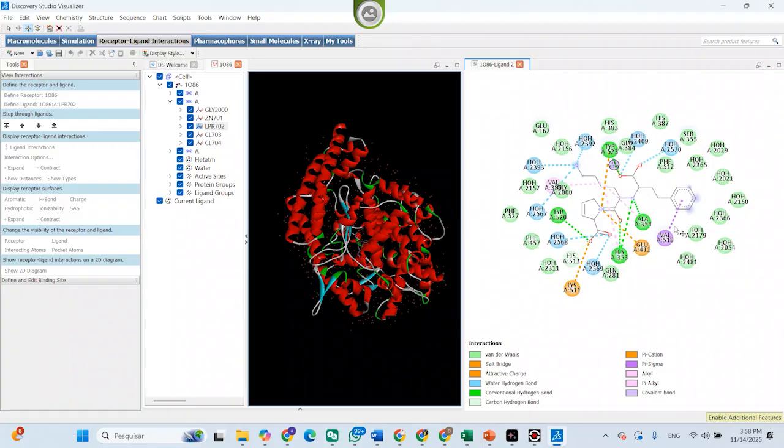But sometimes it is important to keep your bridging waters, particularly the waters the ligand is interacting with. The reason is that if you remove them, there will be a little conformational change in the 3D pose of your ligand.